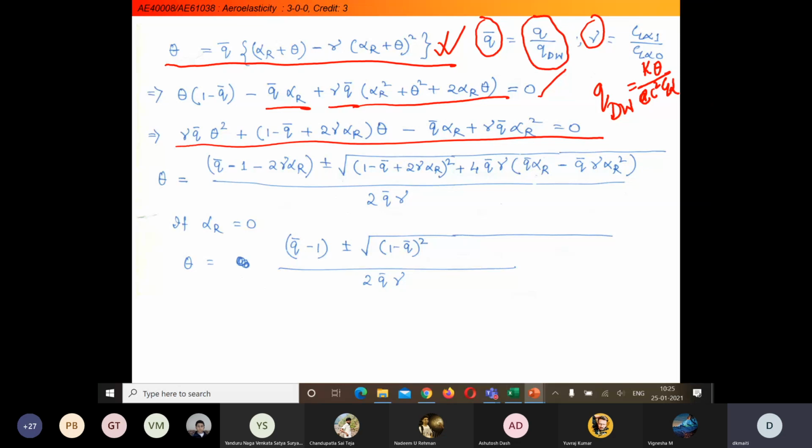So now this non-dimensional equation that we have obtained, if I get the solution in terms of that quadratic equation, it will be minus b.